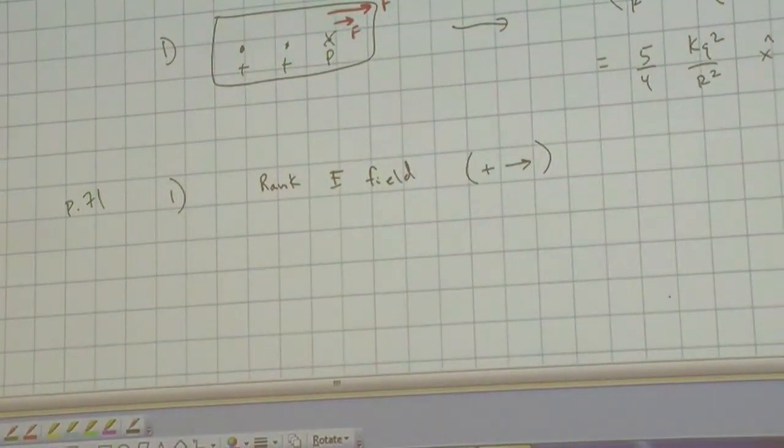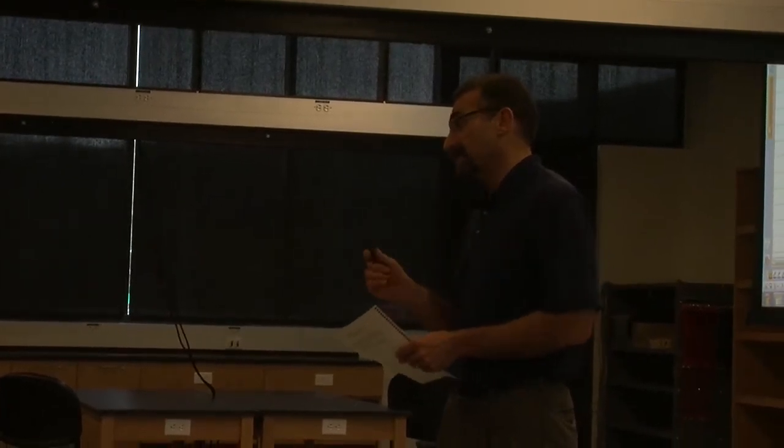We basically just did it because we stuck the same charge every time at point P. So the ranking is going to be the same, but there's one difference. This time we're taking direction into account. Last time we didn't. We just looked at magnitude last time. So the ranking will be a little different.